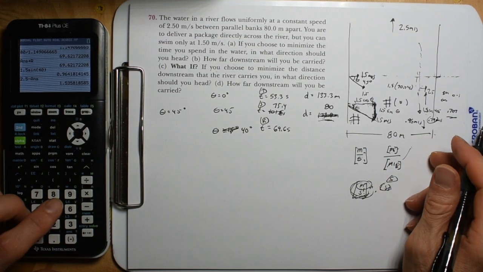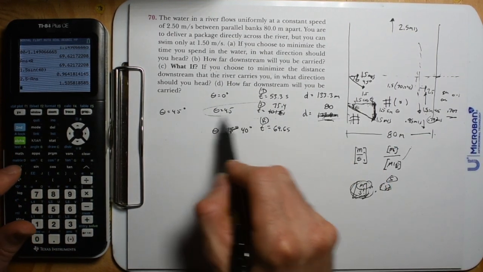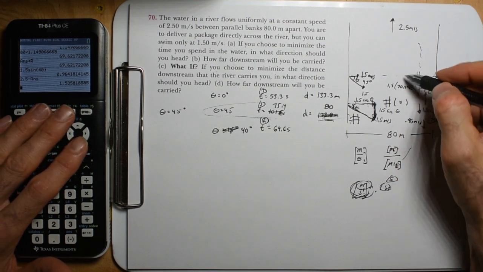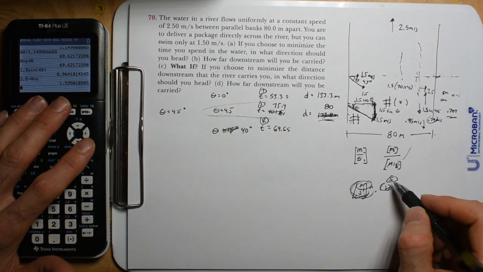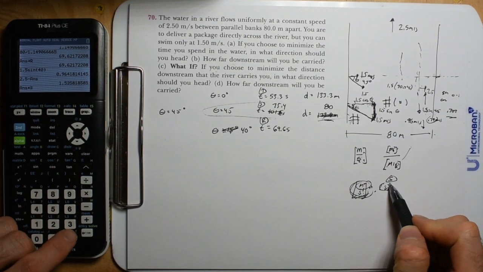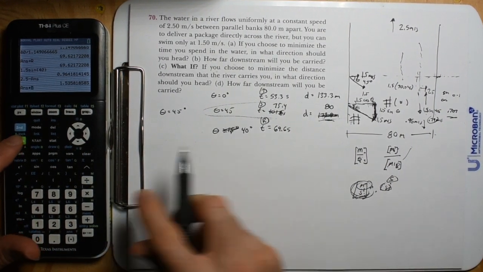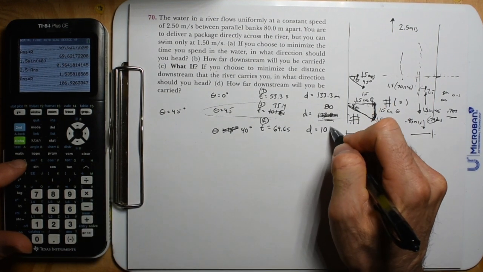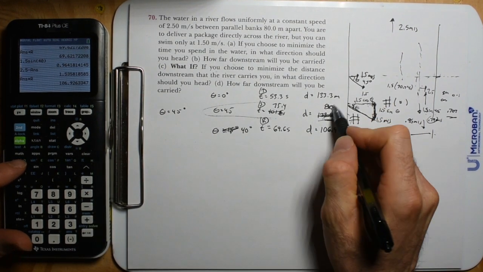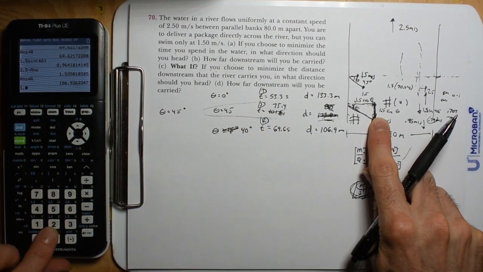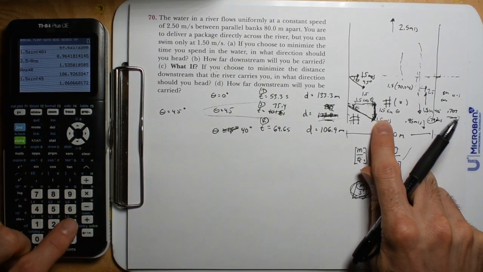Now we're floating downstream 1.53 meters per second. Then we multiply that by the time it takes us to get across, in this case alpha r, and we get a distance of 106.9 meters. I think this 80 was wrong because we had to go 1.5 sine 45. Okay, that's 1 meter.